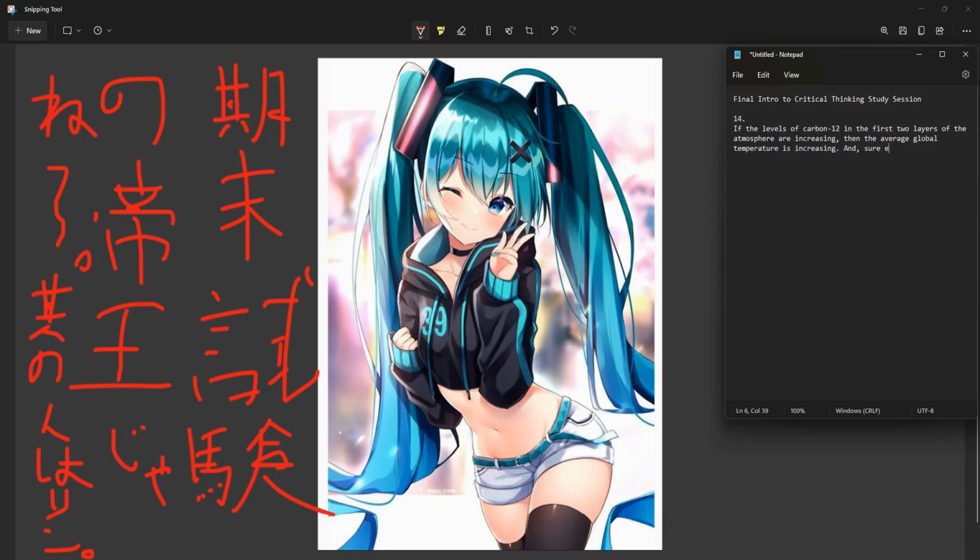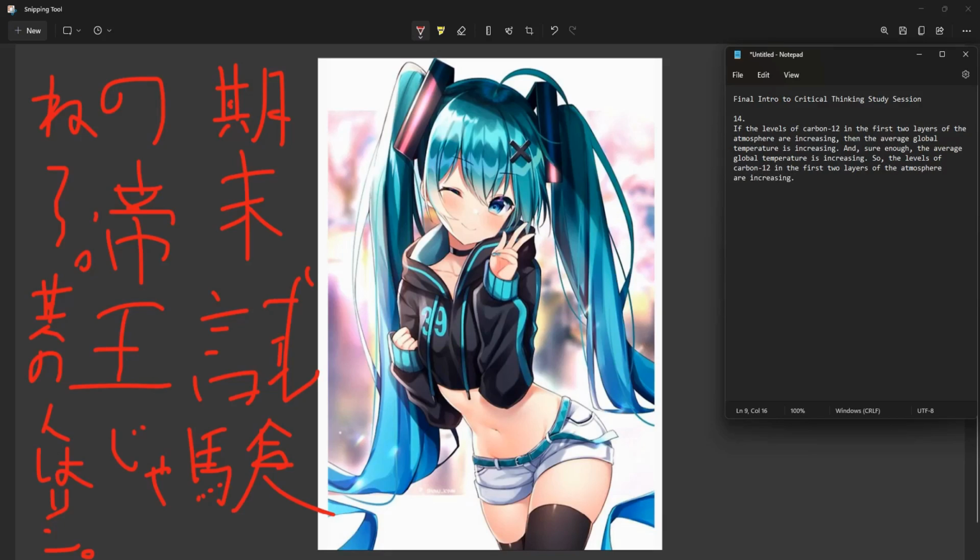And sure enough, the average global temperature is increasing. So the levels of carbon 12 in the first 2 layers of the atmosphere are increasing.